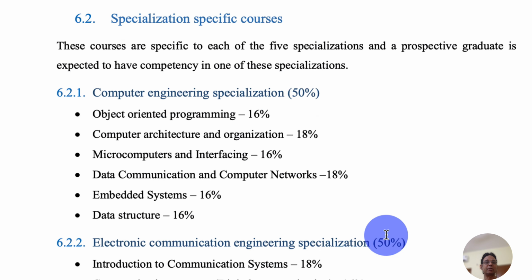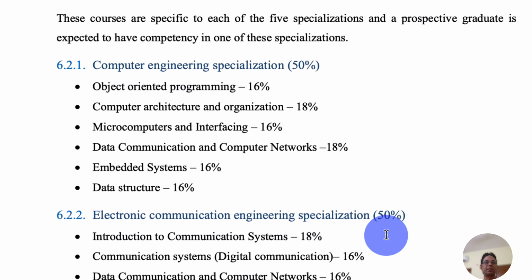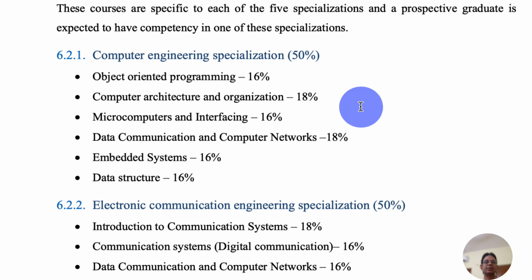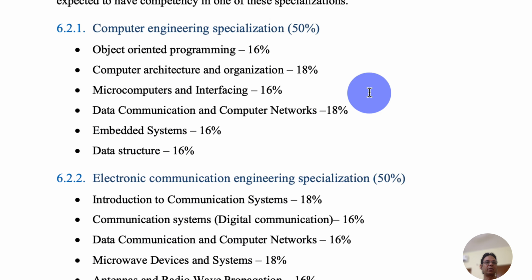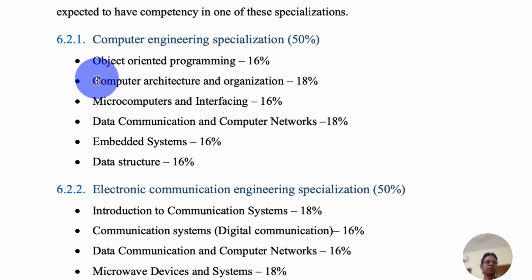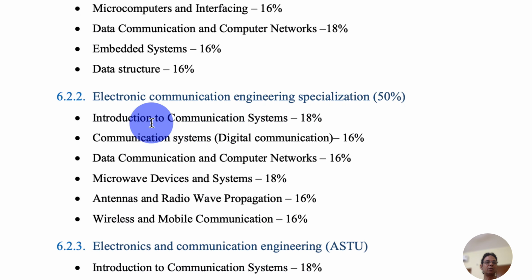For the specializations, the specific courses' percentages are given. Overall, 16% or 18% according to each course is given for all specializations to cover the other 50% share. There are six courses here, and in this one also six courses.